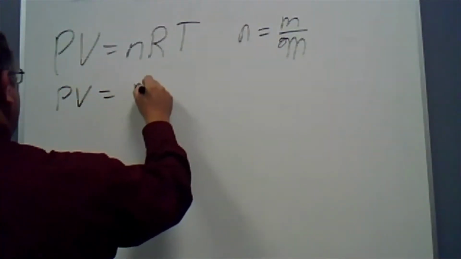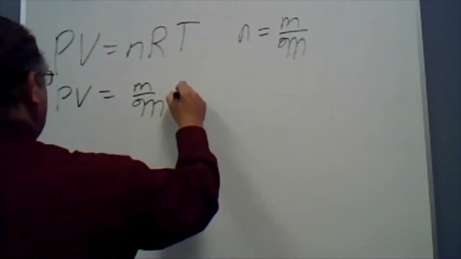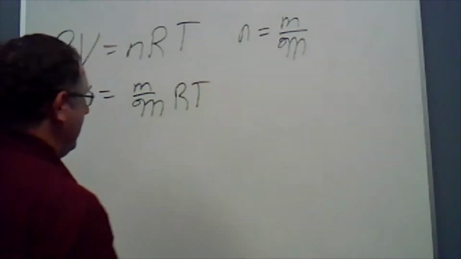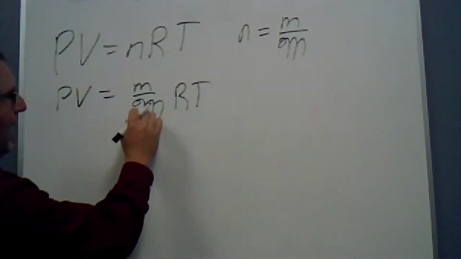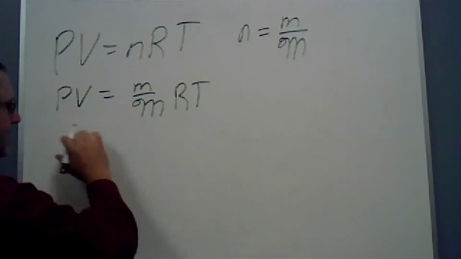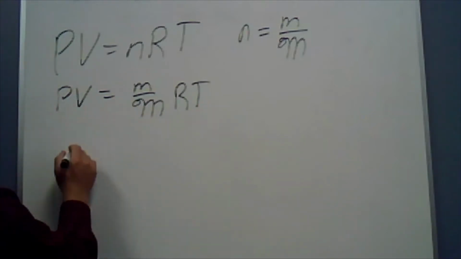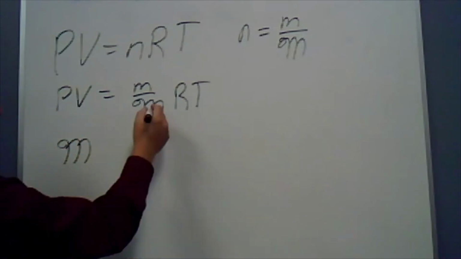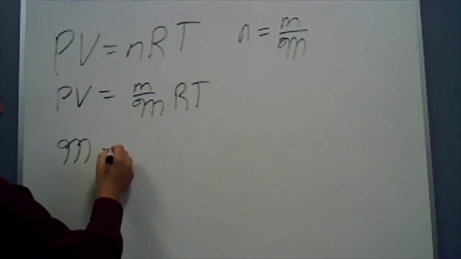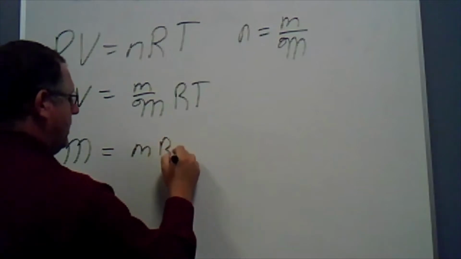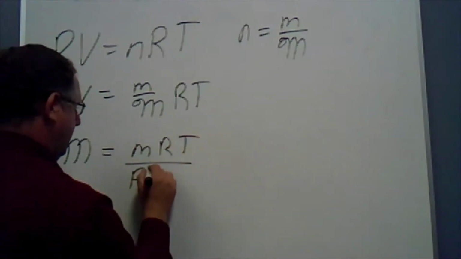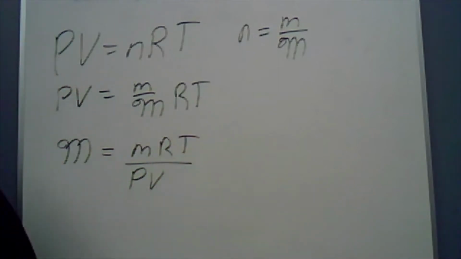PV is equal to mass over molar mass, RT. Or if I want to solve this for molar mass, I multiply both sides by the molar mass and divide both sides by PV. So I get the molar mass is equal to mRT over PV.